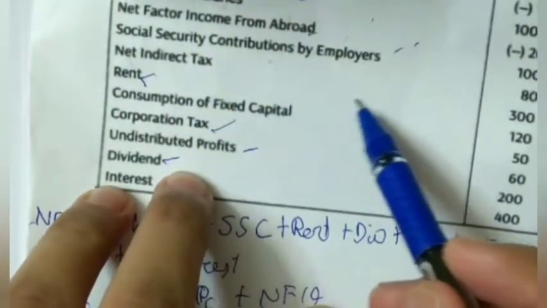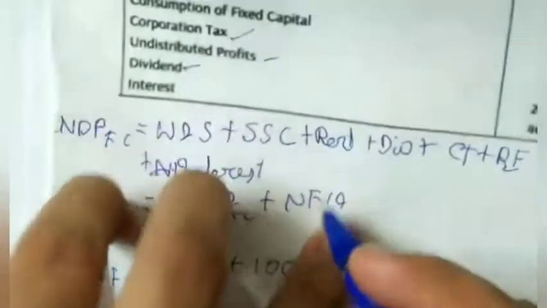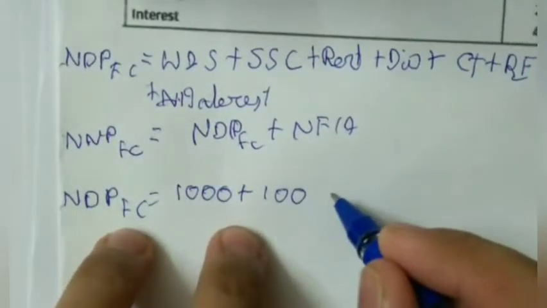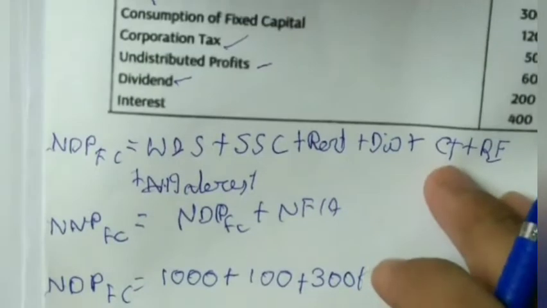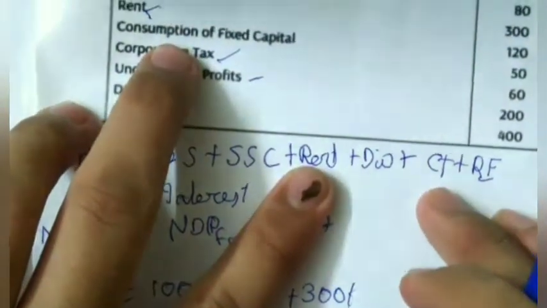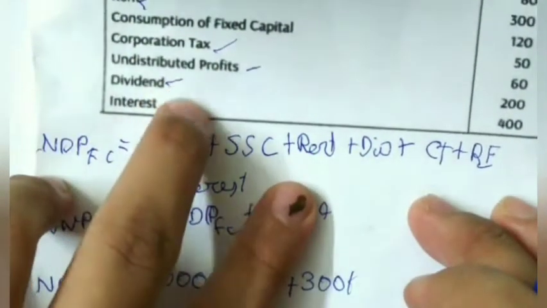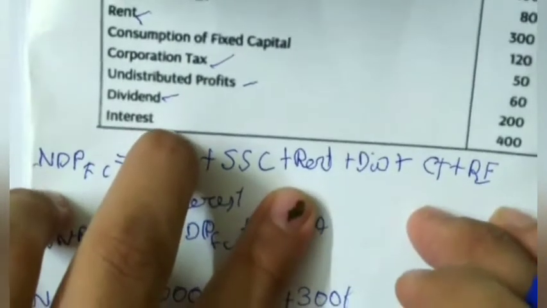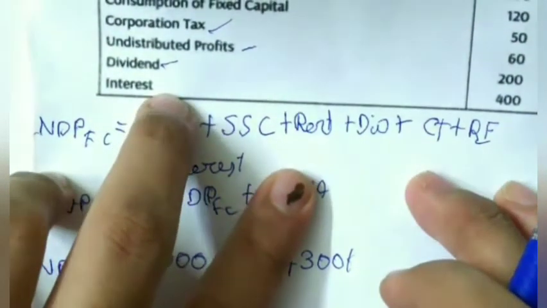Rent is 300, plus 300, plus corporate tax 50, undistributed profit 60, plus dividend 200, plus interest 400.